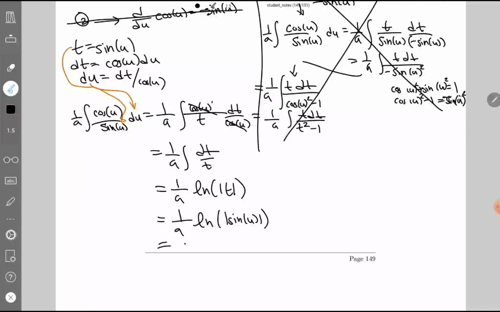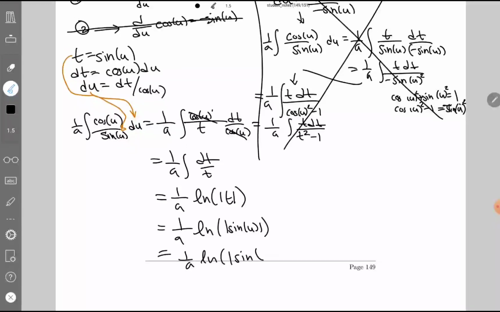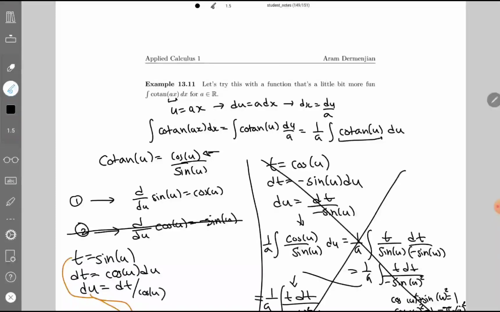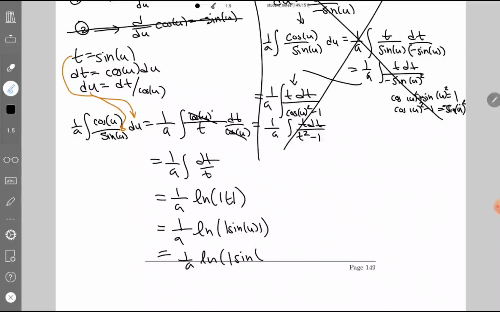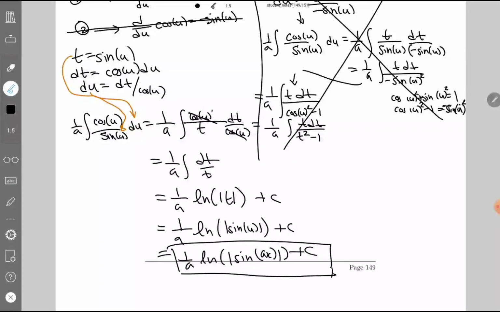And what does u equal? Because we're not done, right? We want it in terms of x. u was ax. ax. And then we remember our plus c. And we get our solution.